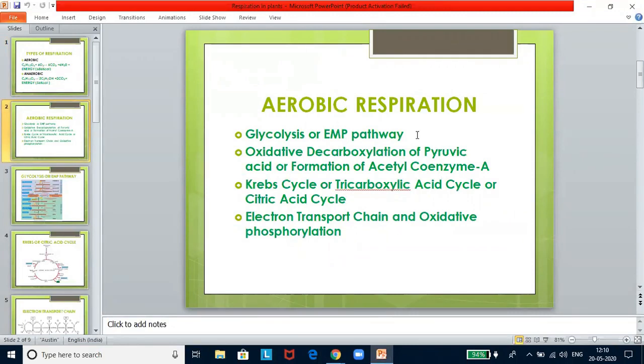Next stage is oxidative decarboxylation of pyruvic acid, or formation of acetyl coenzyme A or acetyl CoA. Third step is the Krebs cycle, also called the tricarboxylic acid cycle or citric acid cycle. And the final step is electron transport chain and oxidative phosphorylation.